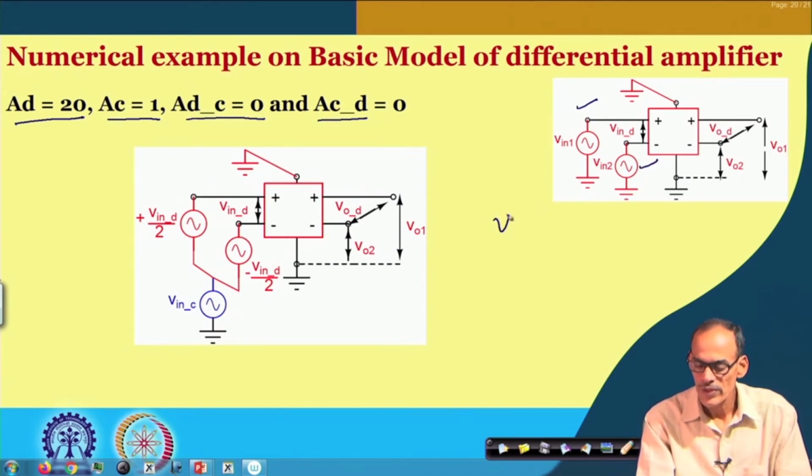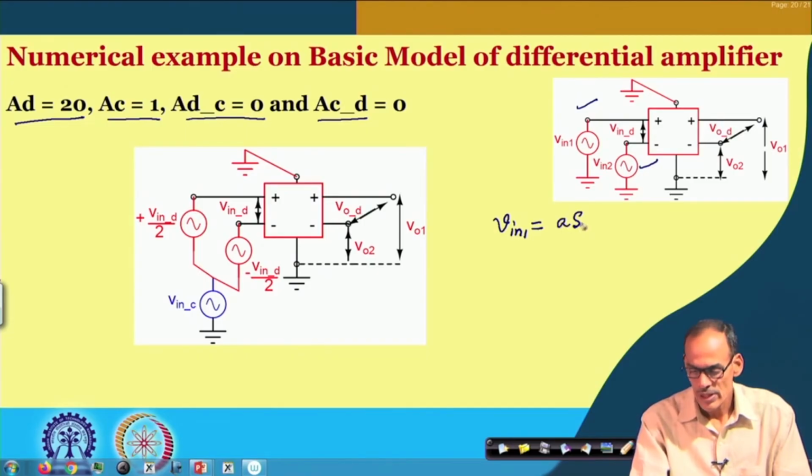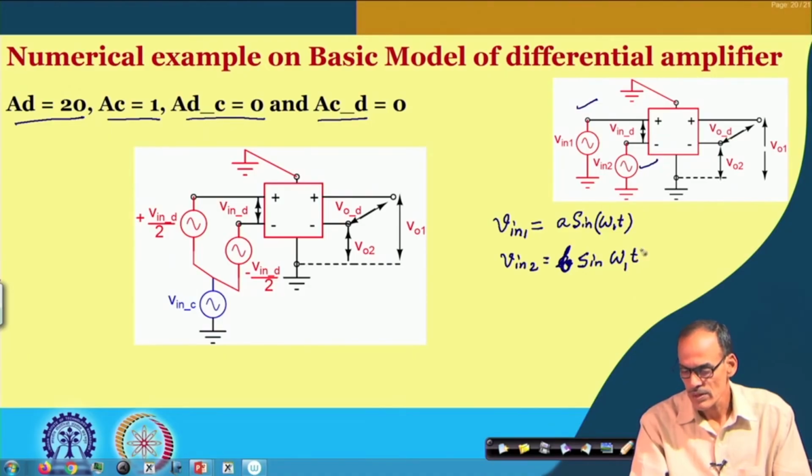And if V in 1 equals say A sin omega 1 t, and V in 2 equals say, rather B, let me put B, B sin omega 1 t, then you can find what will be the corresponding V O 1 and V O 2. So, how do you proceed?